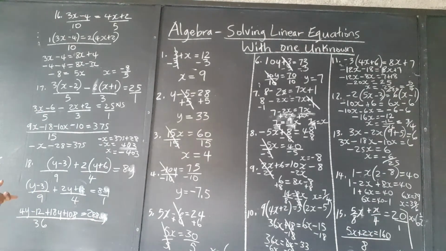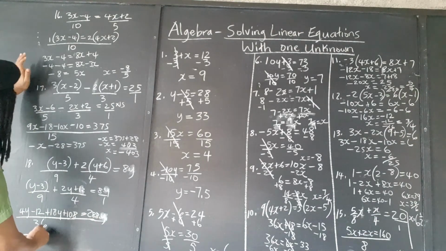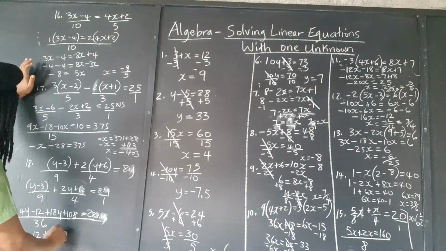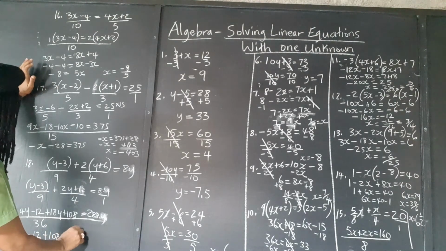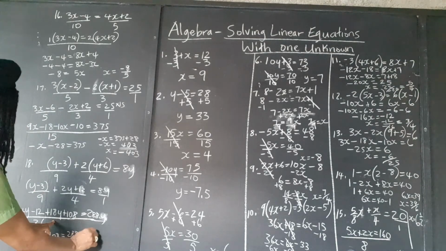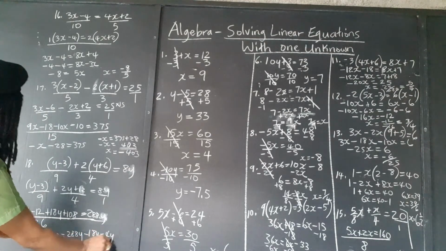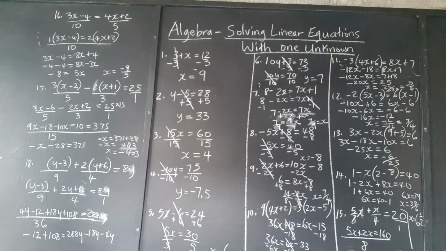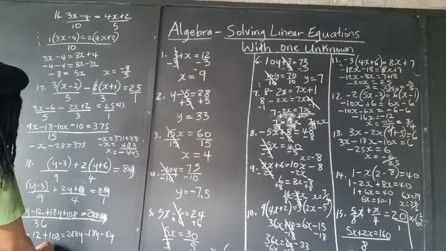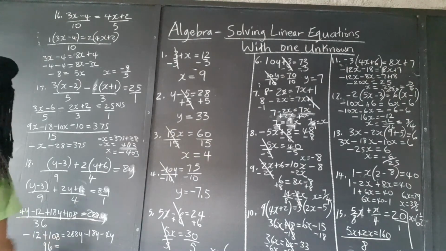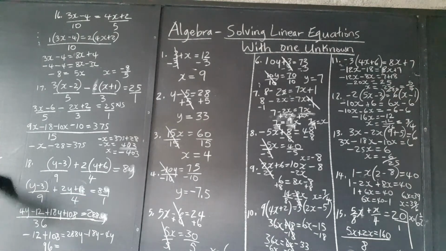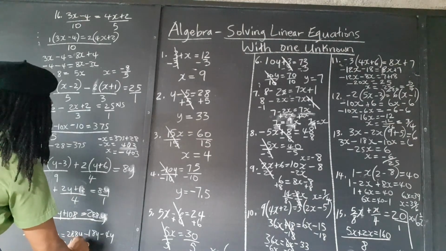Alright, so now we're going to group the like terms. So we have negative 12 plus 108 is equal to 288y minus 18y minus 4y. So negative 12 plus 108 is going to give 96. And 288 minus 18 is 270, minus 4, 266y.